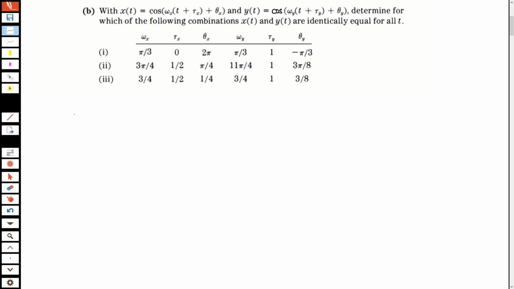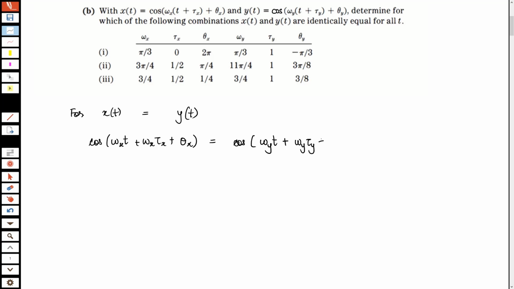Okay? So for two sinusoids to be equal, let me again write it, for x(t) to be equal to y(t), that means cos(omega_x t plus omega_x tau_x plus theta_x) should be equal to cos(omega_y t plus omega_y tau_y plus theta_y). For these to be equal, what is important?